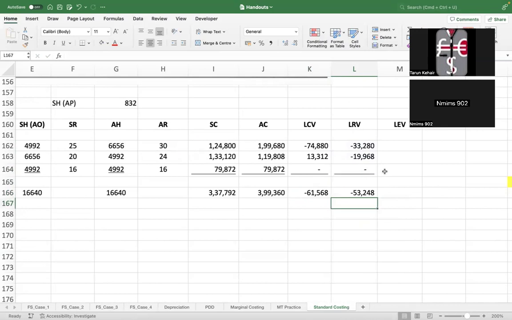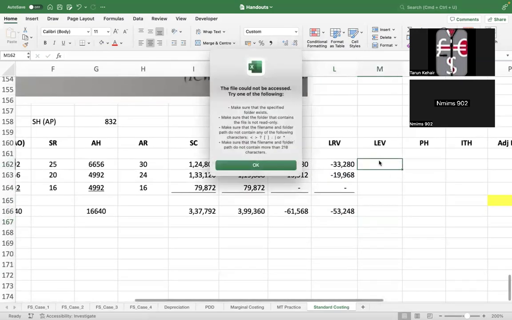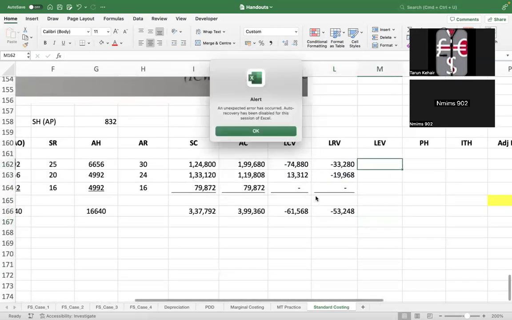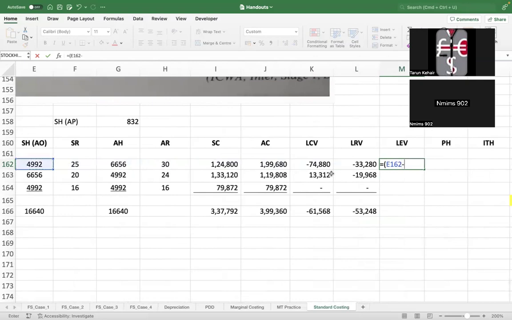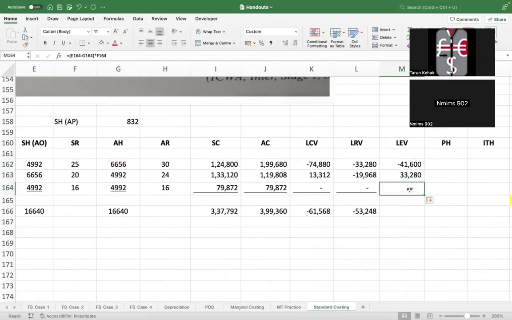Again, adverse. Efficiency variance will be standard hours minus actual hours into standard rate. Again, do it for all the three. So you will get your labor efficiency variance as 8320.